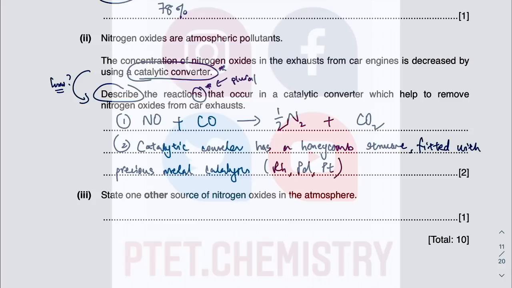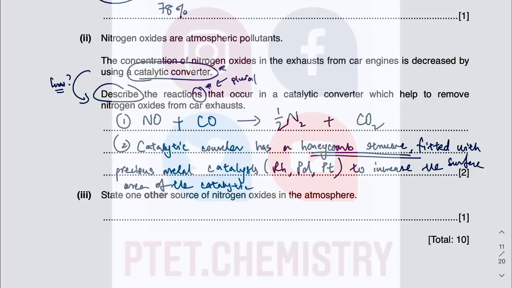The idea of the honeycomb structure is to increase the surface area of the catalyst, providing catalytic sites for NO to react to form clean N2 and CO2 as the reaction shows here.